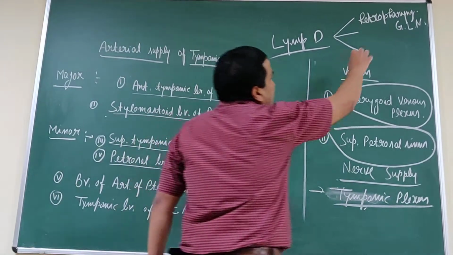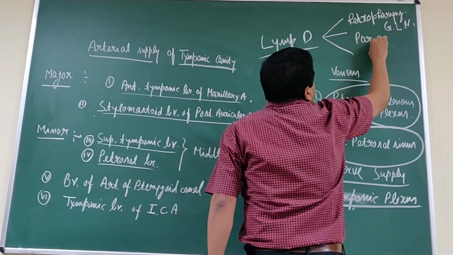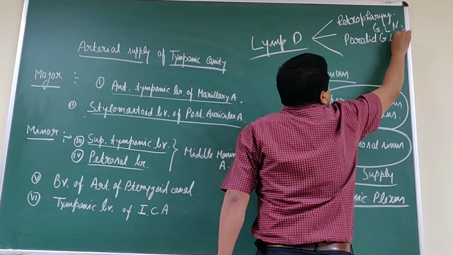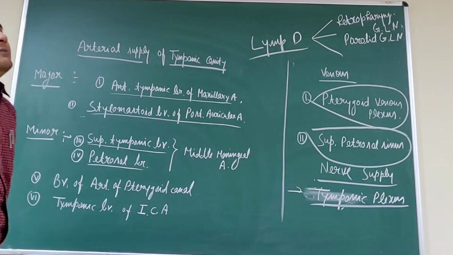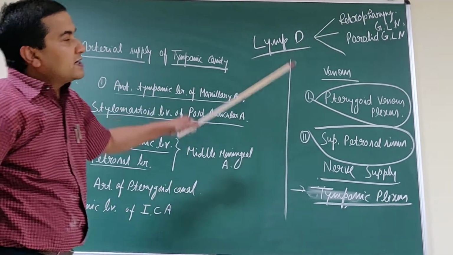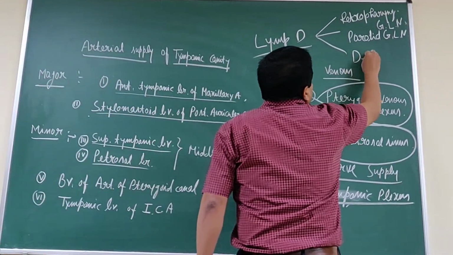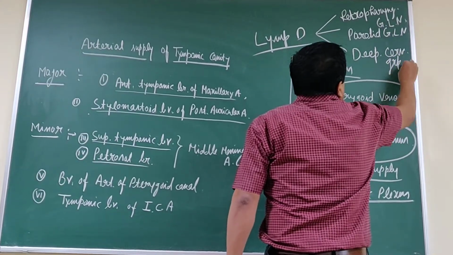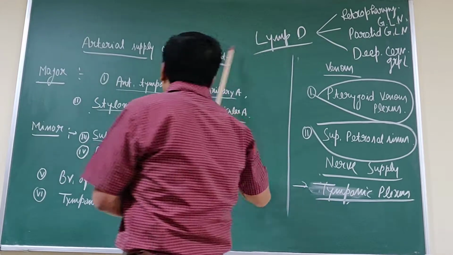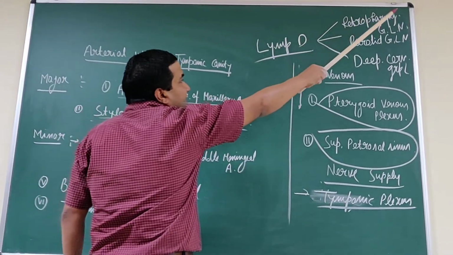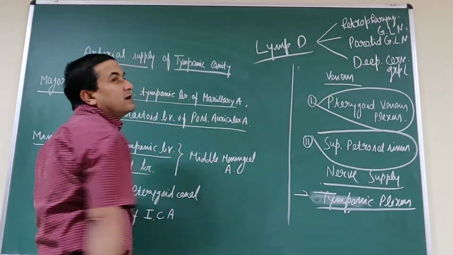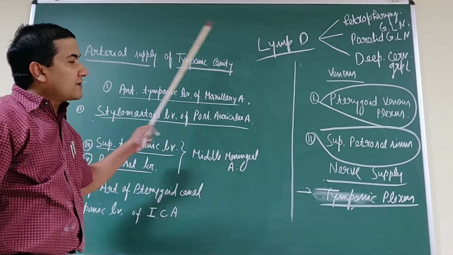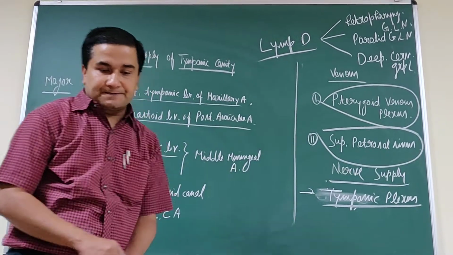Some lymphatics drain into the parotid group of lymph nodes, which are embedded in the parotid gland, and some drain into the deep cervical group of lymph nodes. So these are the lymphatic drainage: the retropharyngeal, the parotid group, and the upper deep cervical, that is the jugulodigastric group of lymph nodes, where the lymphatics from the middle ear cavity drain.